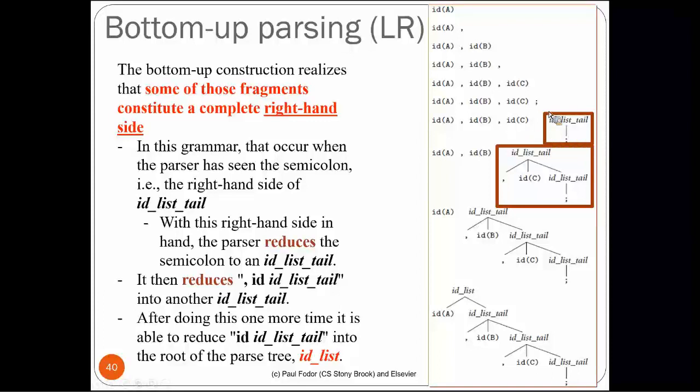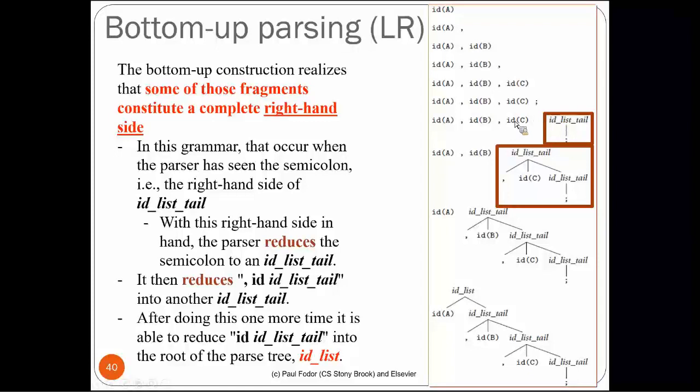So now it has in the stack ID list tail on the top, preceded by ID C, preceded by comma. So again, it recognizes the fact that a comma ID ID list tail, which is the current state of the stack, is another right-hand side of an ID list tail.